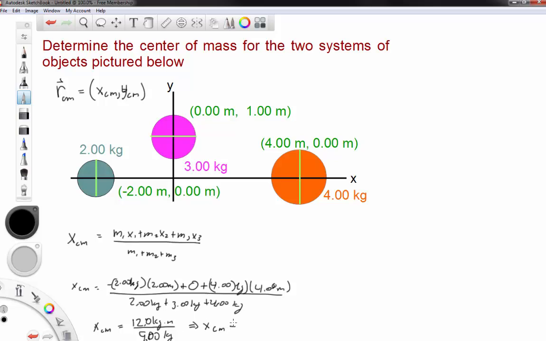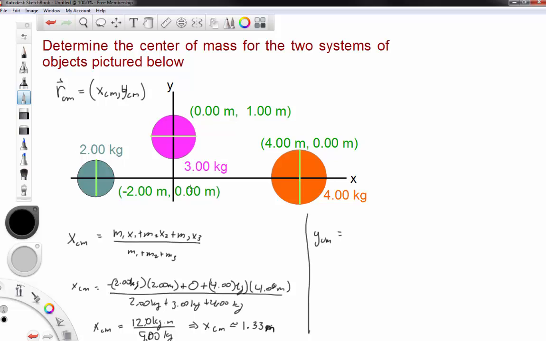And so x center of mass is approximately given by 1 1/3, so that would be 1.33333 repeating. Since we have 3 significant figures more or less to work with, we might as well just write this as 1.33 meters. Now we do the same thing for the y center of mass.